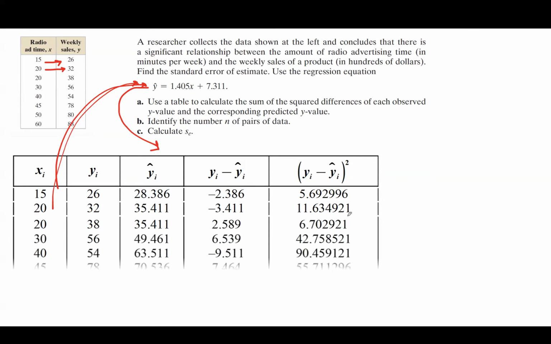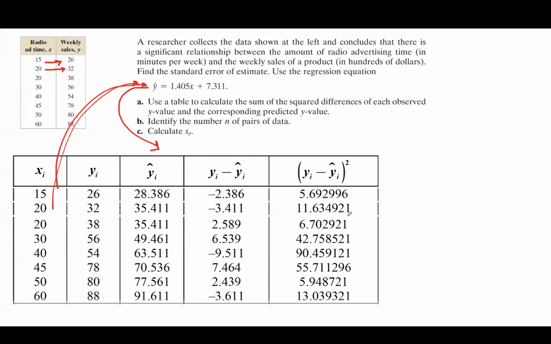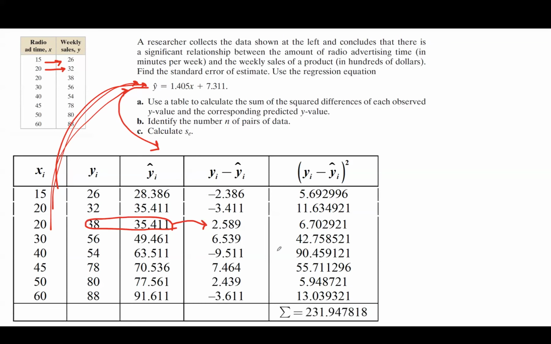Again, you're going to repeat this process for every single x and y. You take each x, plug it into the regression line equation, calculate its predicted value, find the difference between these two values, and then raise it to the second power. Why? Because we need to add all of these numbers together to construct a numerator.